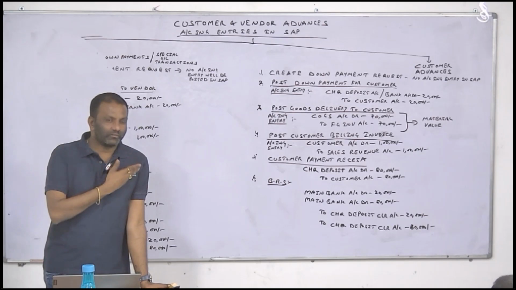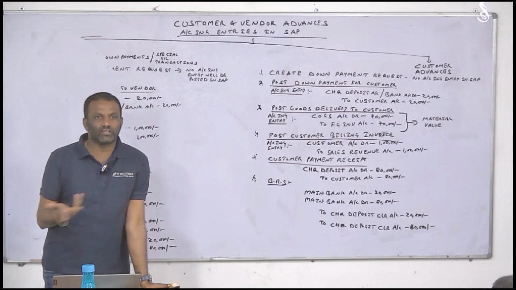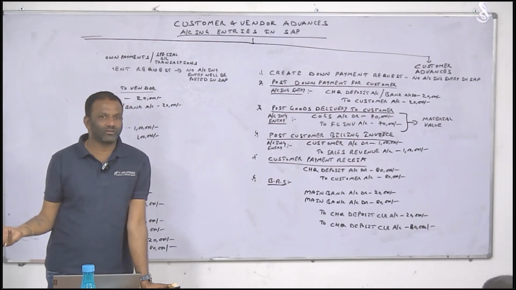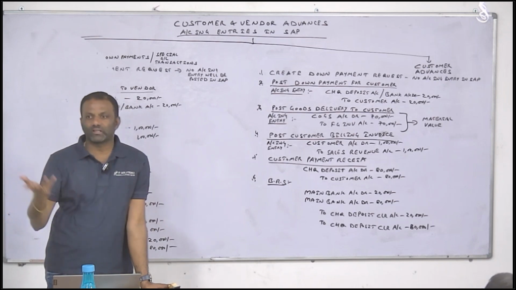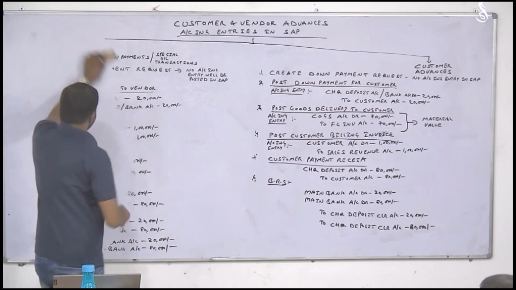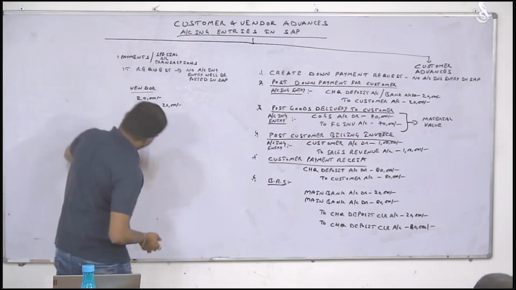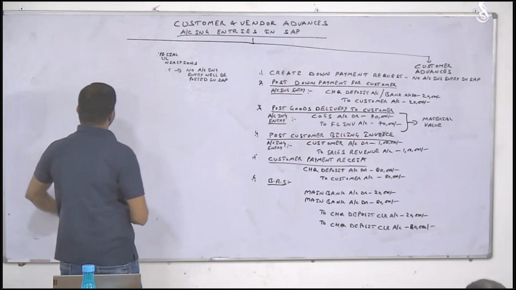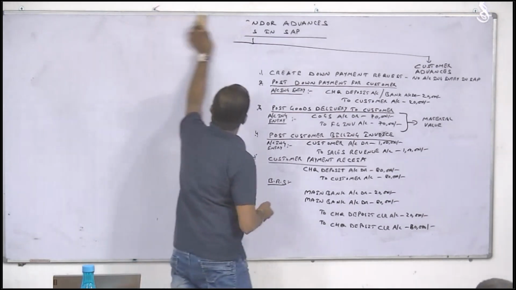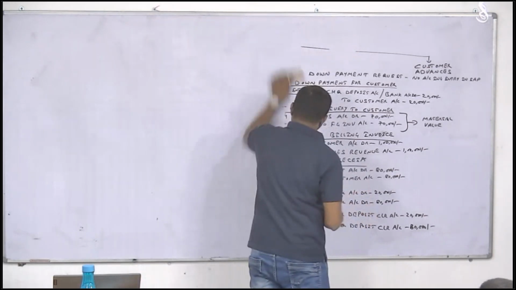For example, if they have paid a vendor advance, what is the accounting entry? Vendor account and bank account, whether they follow SAP, Oracle or Tally. Hope you got my point. Shall we go to the next one?